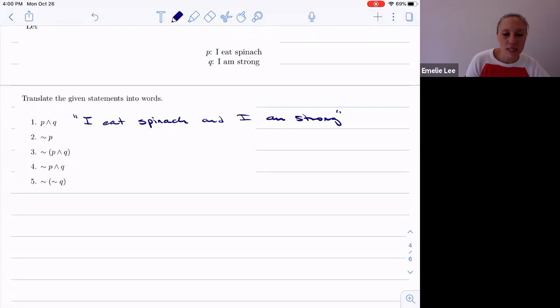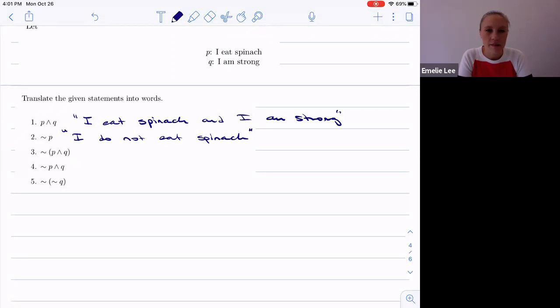The negation of P is I do not eat spinach. And then the negation of P and Q, I have to be really careful, right? Because P and Q has to stick together.